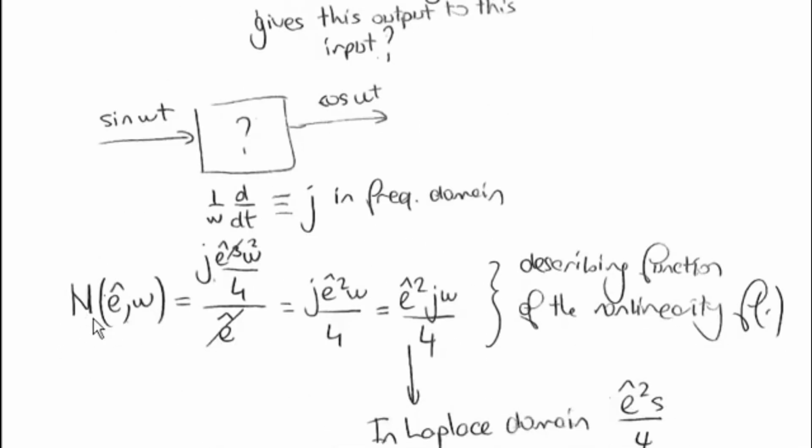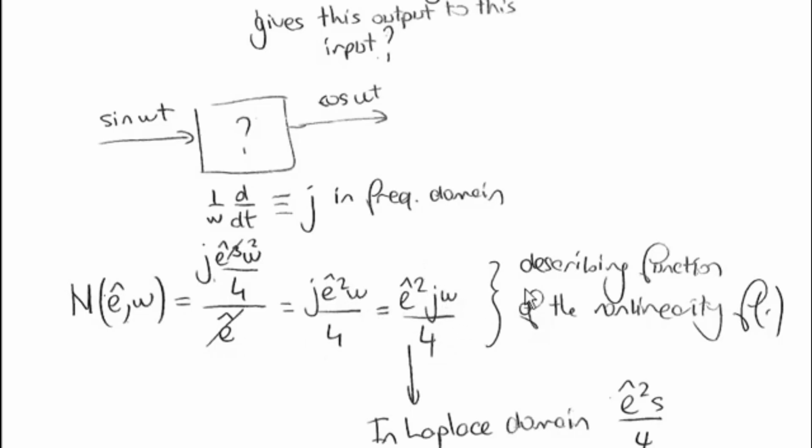And we are going to be calling this representation here, the frequency domain system representation here, N of E hat and omega. It is going to be in general a function of both E hat, the magnitude, and omega here. And I have my j here, and the division of the output amplitude to the input amplitude here, which would give me just this result.